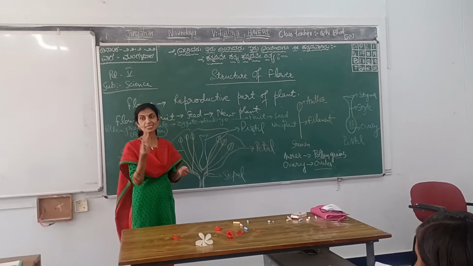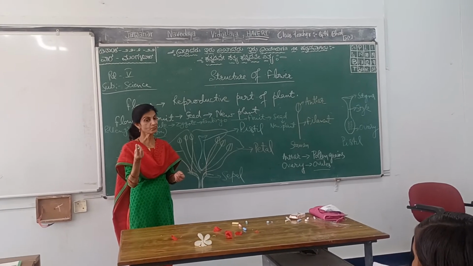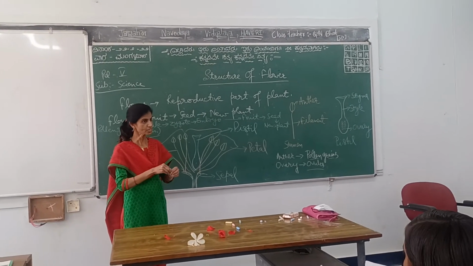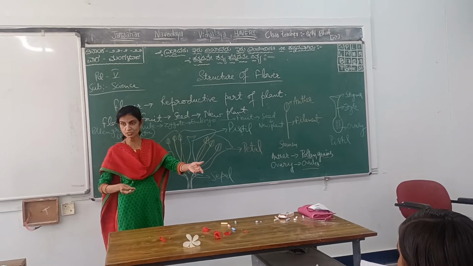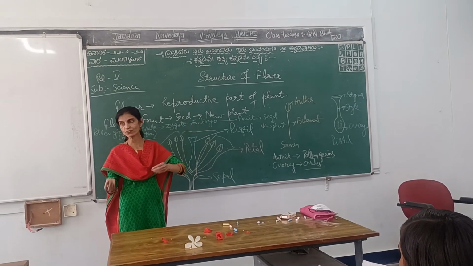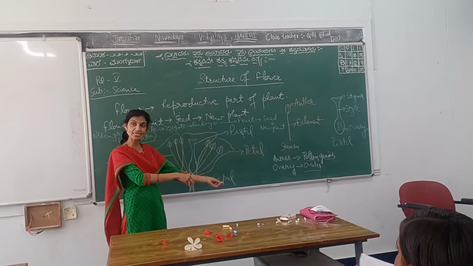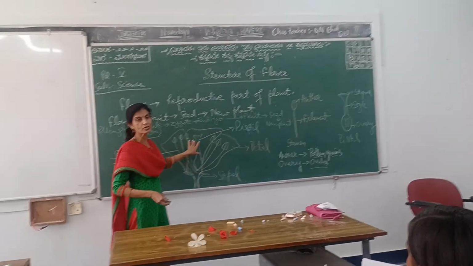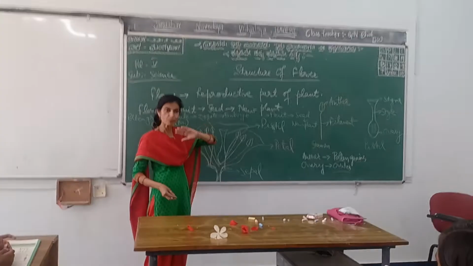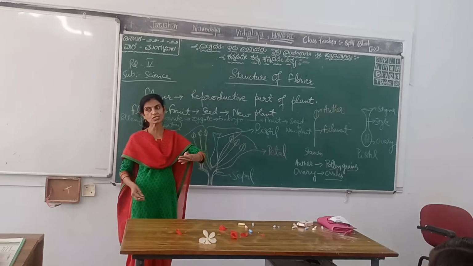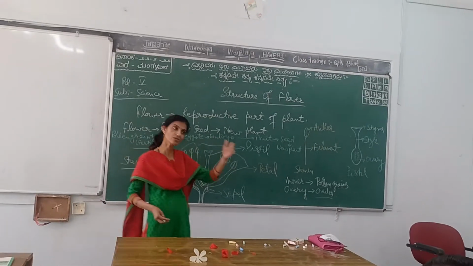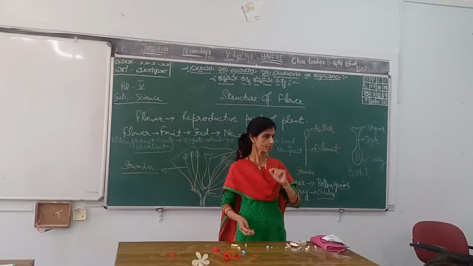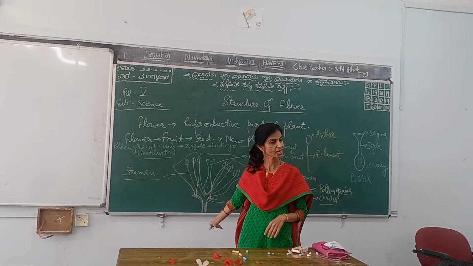So pollen grains stick to their feet. Pollen grains from one flower are transferred to the stigma of another flower, right? And pollination occurs and then fertilization occurs. So this you will be studying in your 7th class. Okay? So up to here, have you understood?